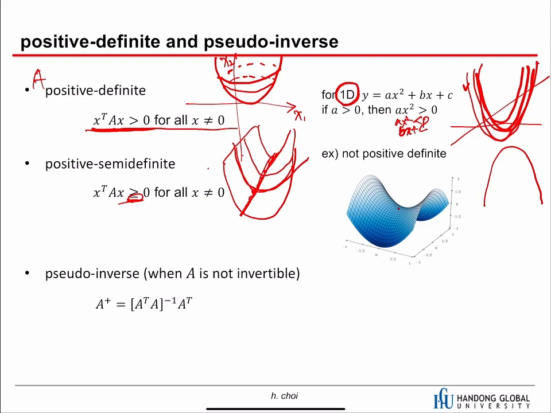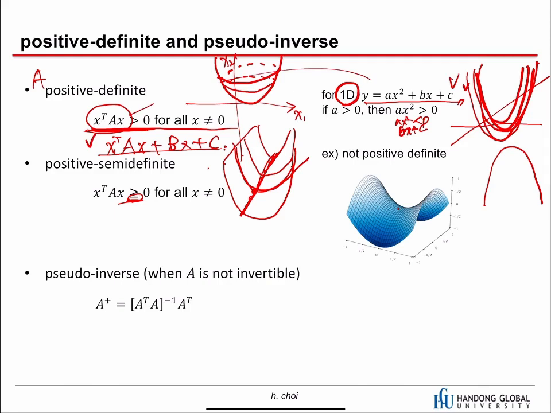So when we have a second order equation like this, x transpose A x plus bx plus c, then if you are confused, you have to go back to these equations, which are familiar to us. Based on this equation, you can understand what this equation means. So you have to make a map.